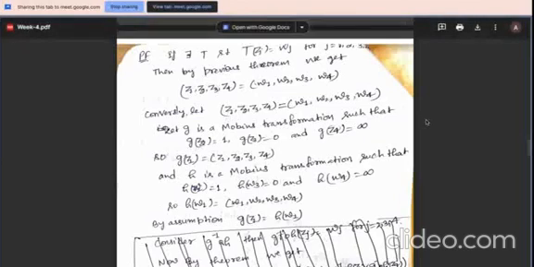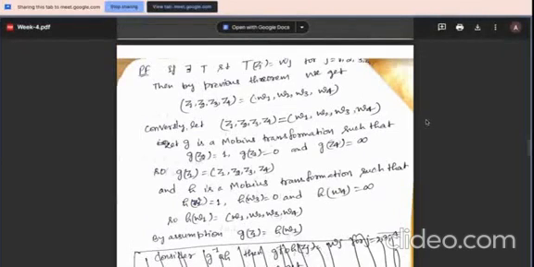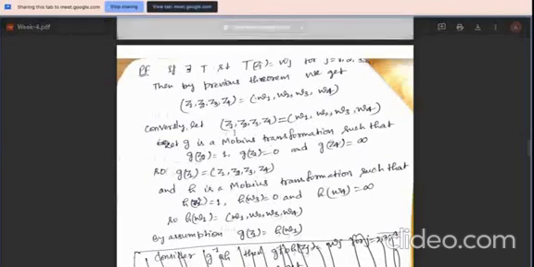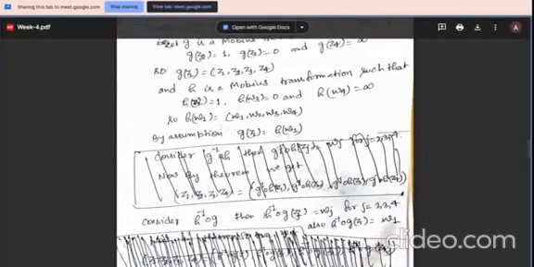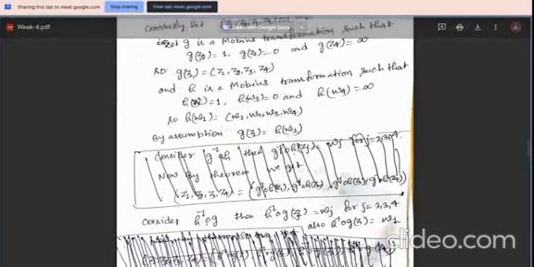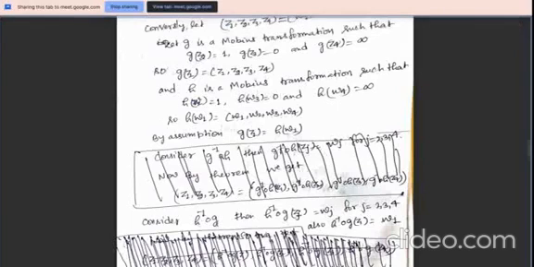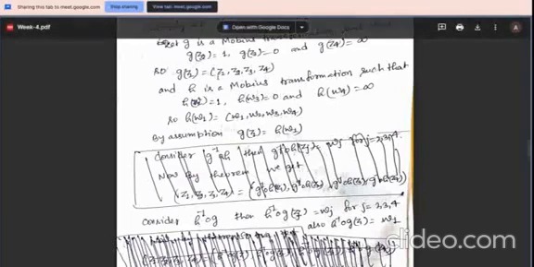What we have to prove is the existence of a Mobius transformation which sends zi to wi. Now consider H inverse G. So G of z1 is this cross ratio.